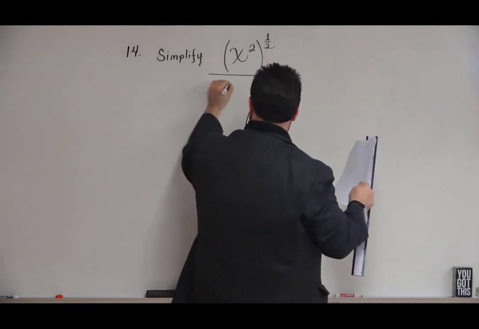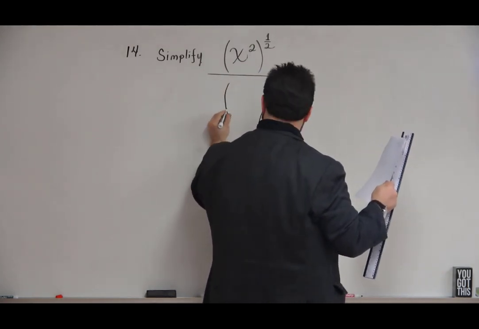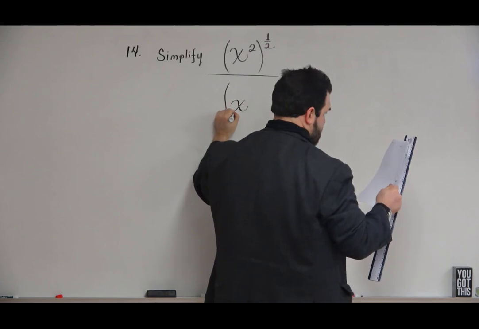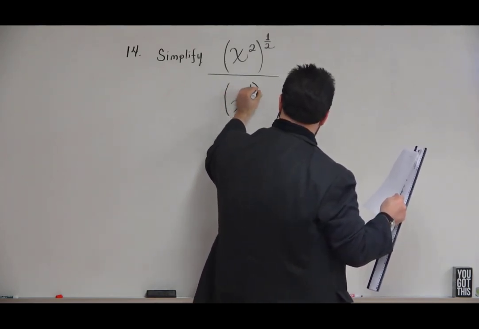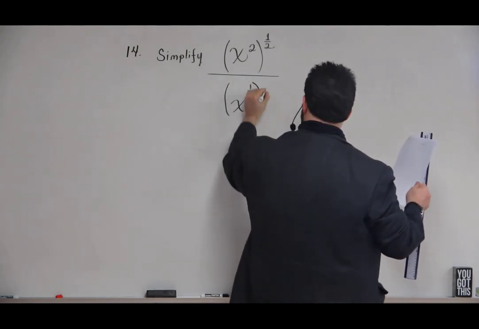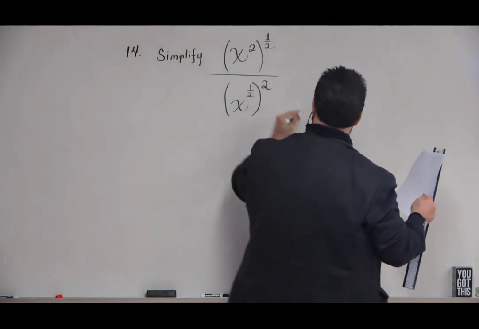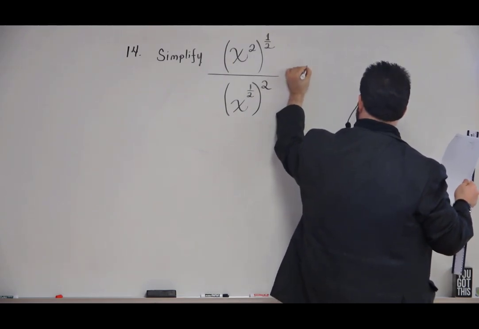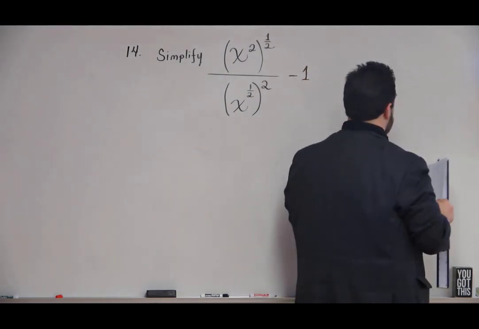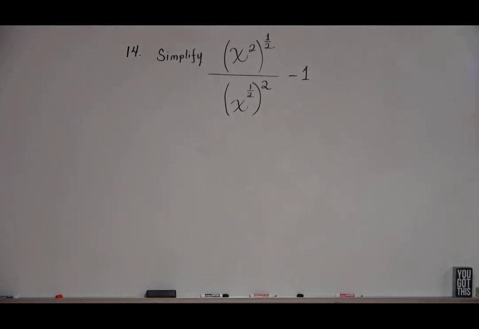Underneath we have big parentheses and then an x raised to the power of 1/2, close parentheses, the whole thing squared. And then off to the right, a lot of people forgot this, there's a big -1. Okay, so it just wants us to simplify.